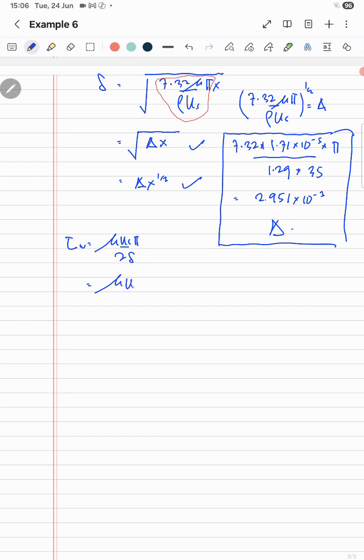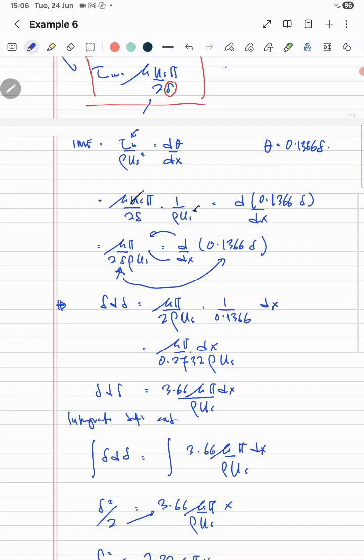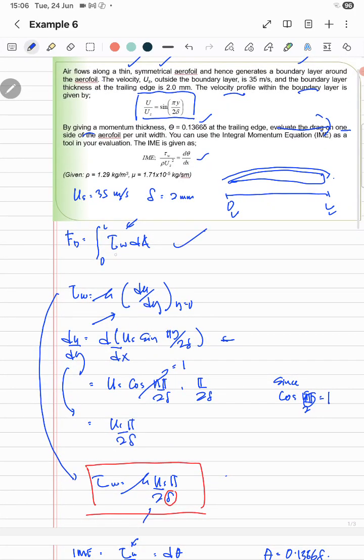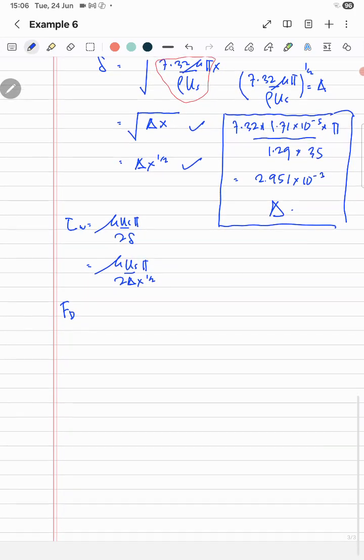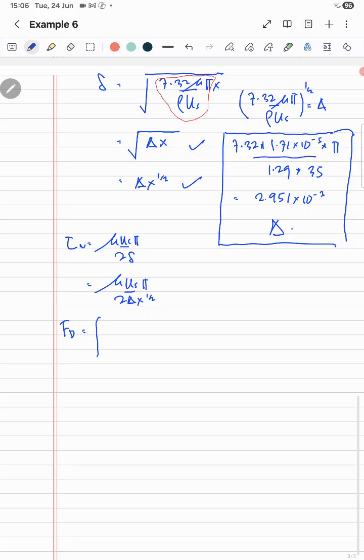We got mu us pi over 2 a x to the power of 1 over 2. And for the drag force Fd from the beginning, we got the shear wall, so we need to integrate from 0 to L. Shear wall is mu us pi over 2 a x to the power of 1 over 2, dA.